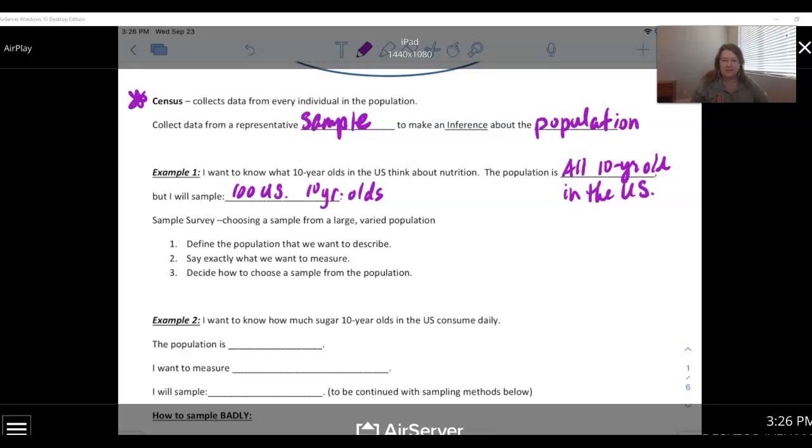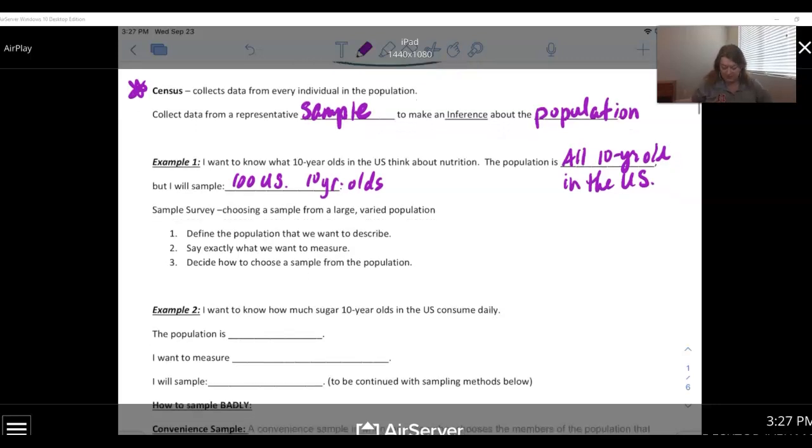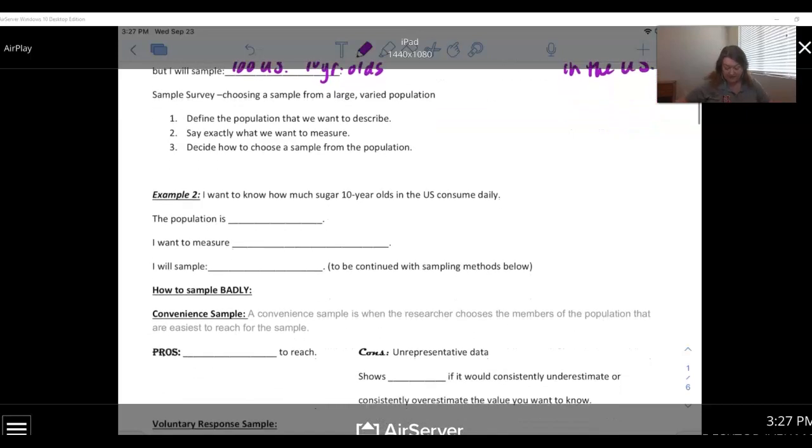So let's go back to our 10-year-old idea again. We want to figure out how much sugar they eat. So we're thinking about their nutrition and their sugar intake. We would say that the population is all US 10-year-olds. So how are we going to measure their sugar intake? Well, the exact ins and outs we would do at a later point and be more detailed, and that would probably take pages and pages.